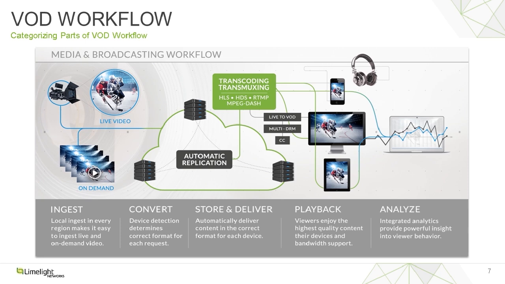Some of the most popular are HLS and Dash, but we also see a lot of MPEG delivery for VOD. And so storing and delivering to the various devices requires strategy. We want to make sure that we deliver from as close to the viewer as we can, and that way the viewer can get the highest quality playback experience.